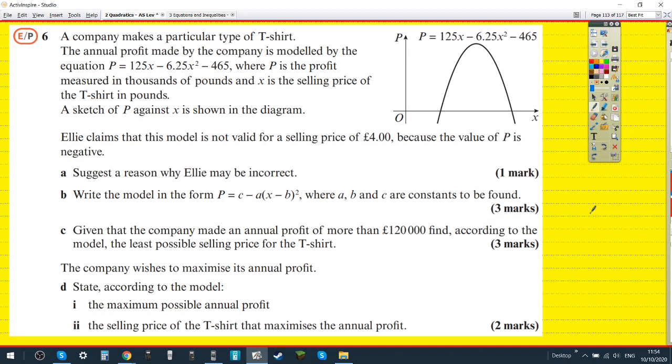Yes. Okay. So the maximum of x is 10, and the max of y is 160. Okay.